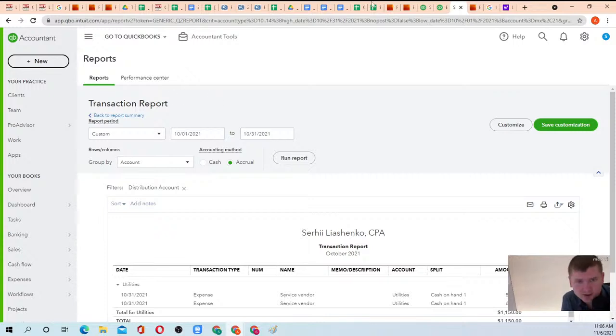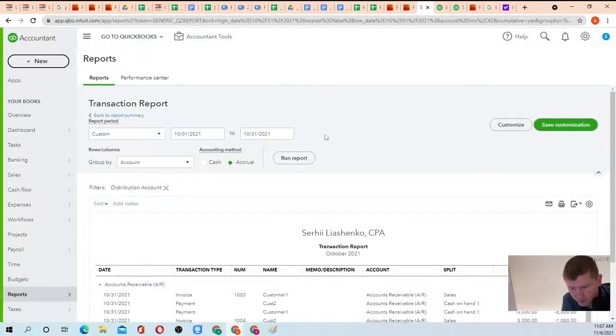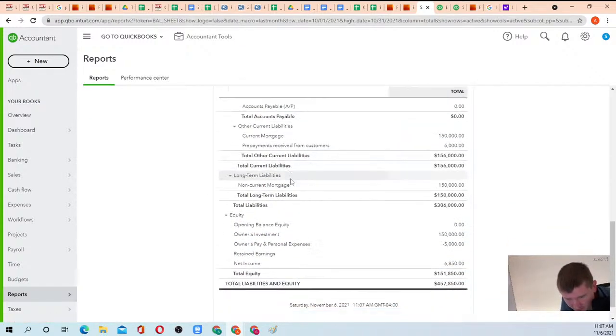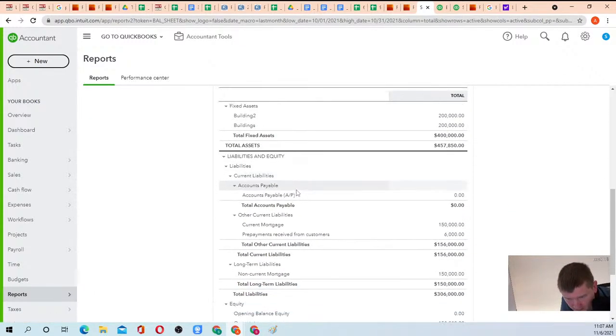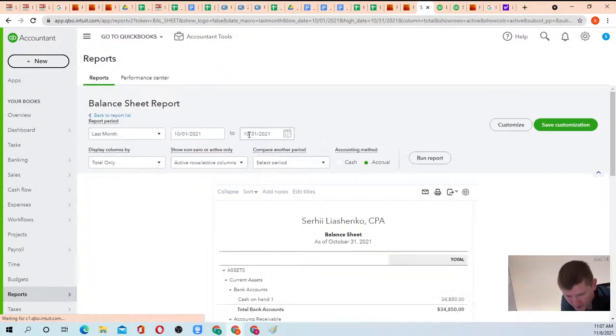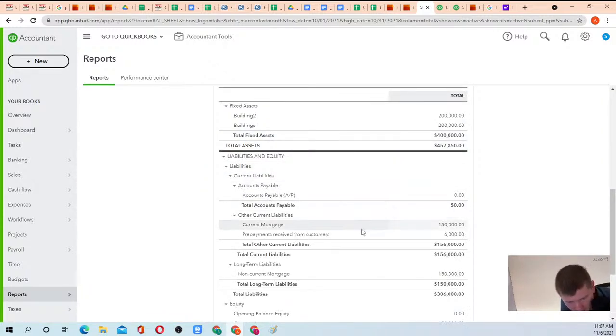And let's see if it was reflected on our balance sheet in the trade payables. Accounts payable. I have 0 here. So basically, should this have been reflected in cash?